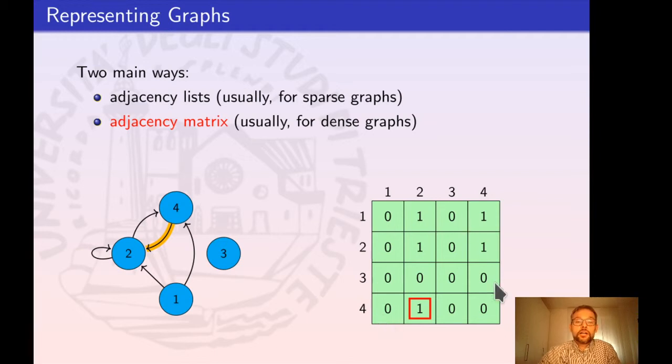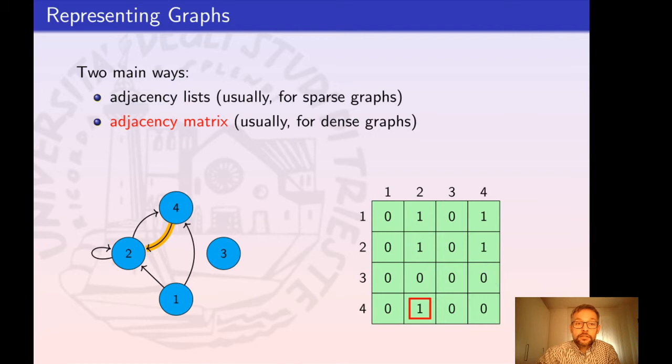So this is an easy way to represent graphs, much easier than the adjacency list from some points of view, but as you can see, we are wasting a lot of space in the case of sparse graphs.